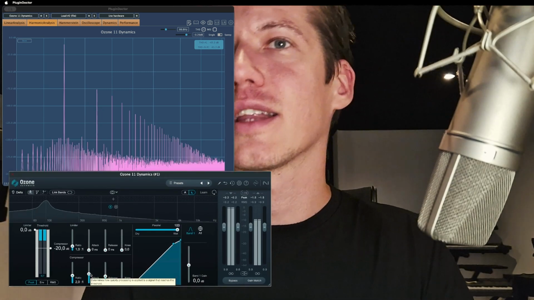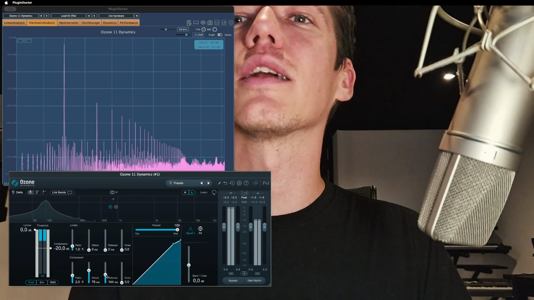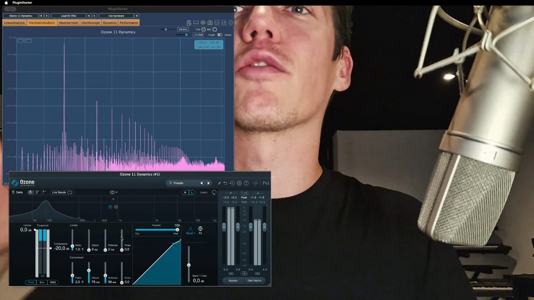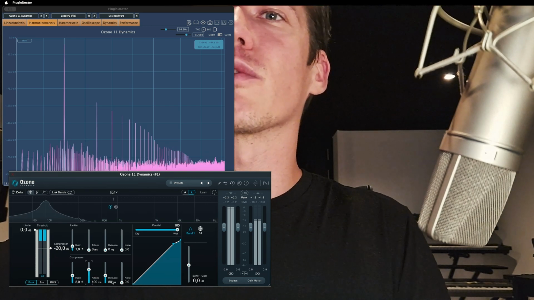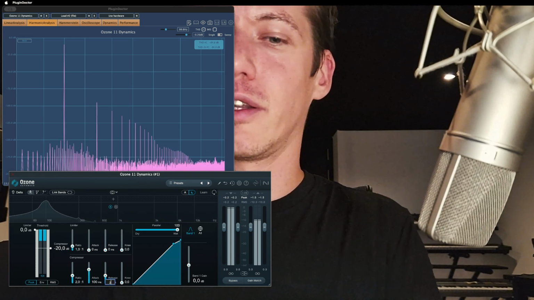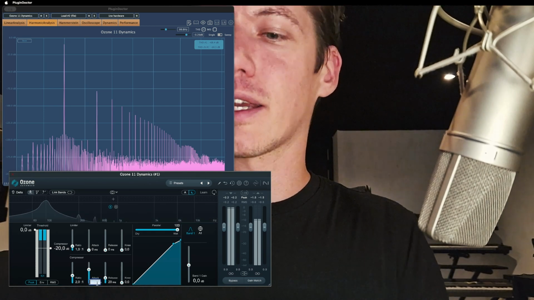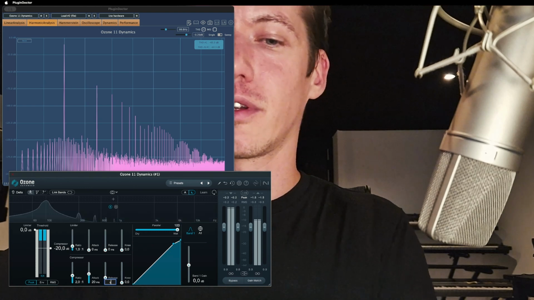Let's look at this. Attack and release have kind of the same impact. I did some tests like having attack, for example, at 100 milliseconds and the release at 20, and then shifting the opposite, so attack at 20 and release at 100.